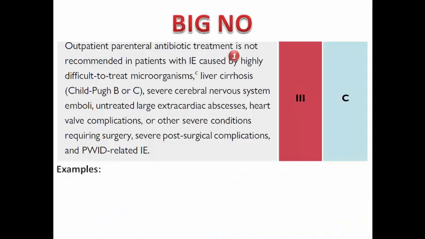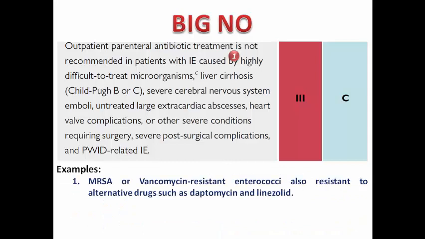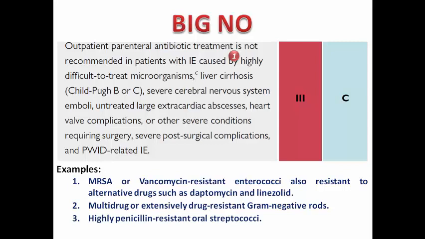Let's give some examples for this. MRSA or vancomycin-resistant enterococci, multi-drug or extensively drug-resistant gram-negative bacilli, highly penicillin-resistant oral streptococci, and of course fungi other than Candida. All of these are difficult-to-treat organisms that should be treated in the hospital.